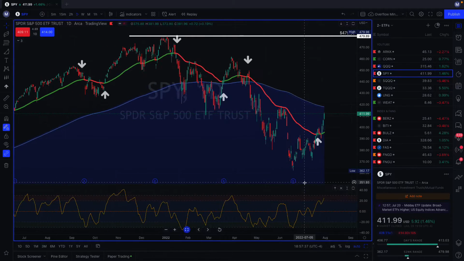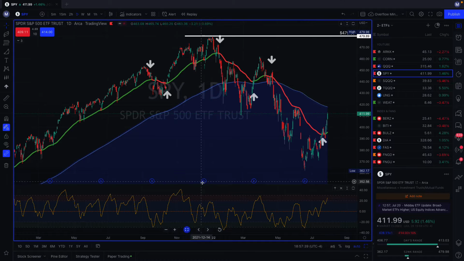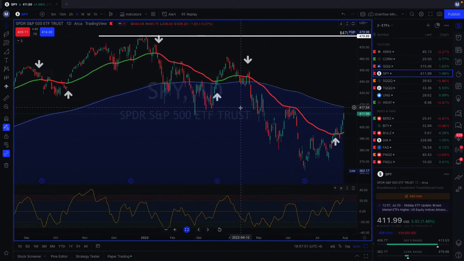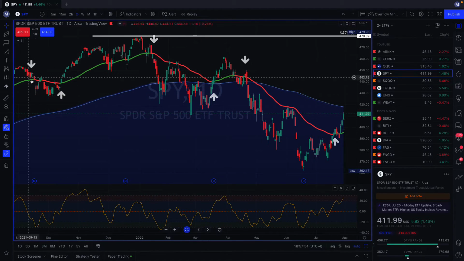So when you look at the daily chart, you'll see on the SPY, it got up to 479 roughly, and it has been able to break that level. And it has been coming down ever since. But the thing that you'll notice about the way that this is coming down is that it's coming down in movements that are quite controlled, actually.